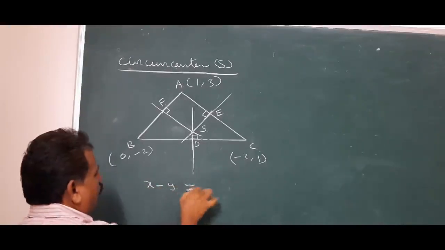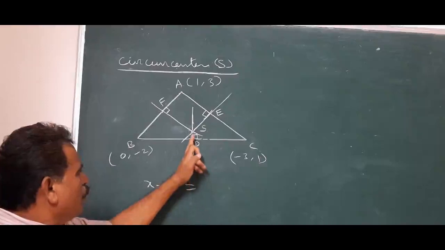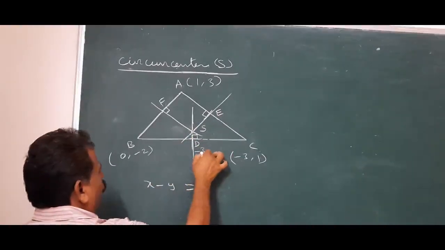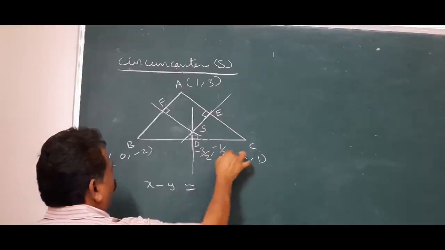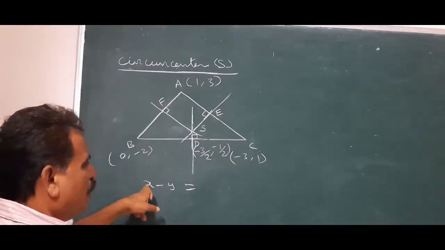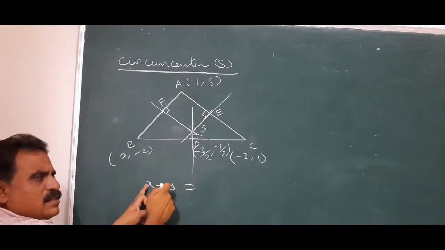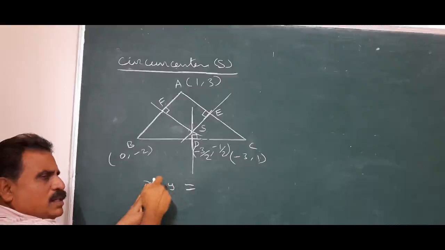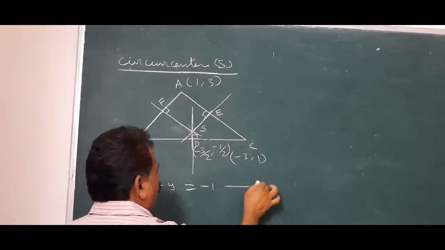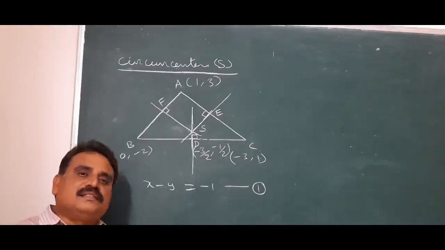So x minus y equals a constant. The line passes through the midpoint of BC, minus 3 by 2, comma minus 1 by 2. Substituting x equal to minus 3 by 2 and y equal to minus 1 by 2, minus 3 plus 1, minus 2, minus 2 by 2, that is minus 1. Let it be equation 1, the equation of SD.